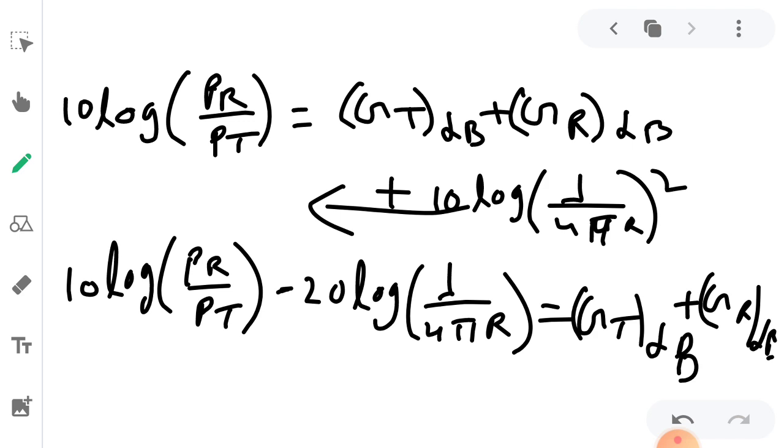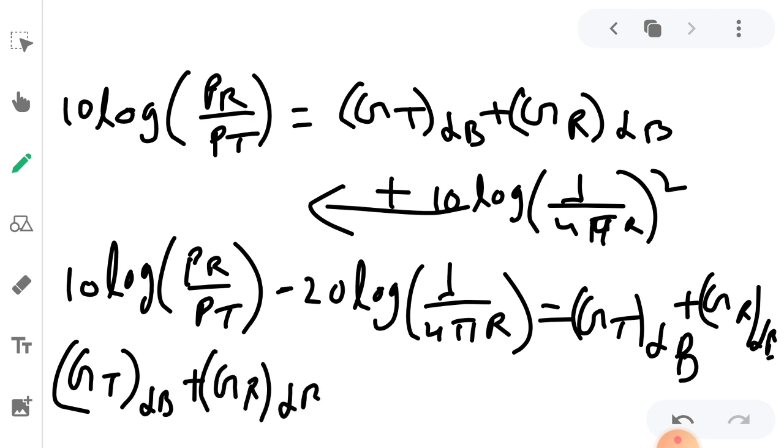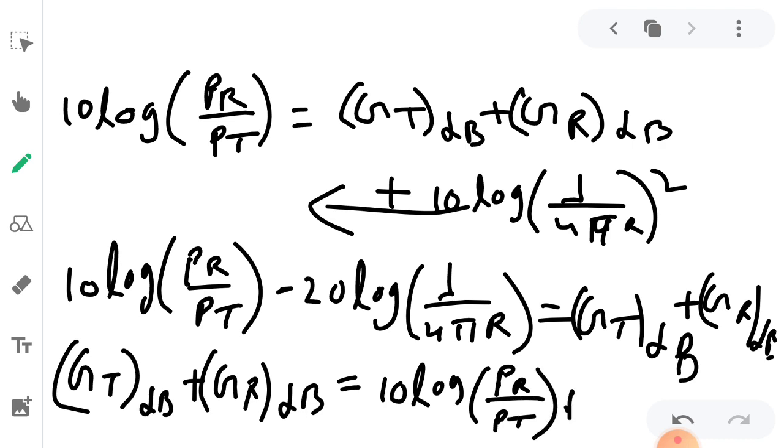So finally we get the equation, that is gain of the transmitted antenna in decibels plus gain of the receiver antenna in decibels is equal to 10 log of the received power by transmitted power plus 20 log of 4 pi r by lambda.